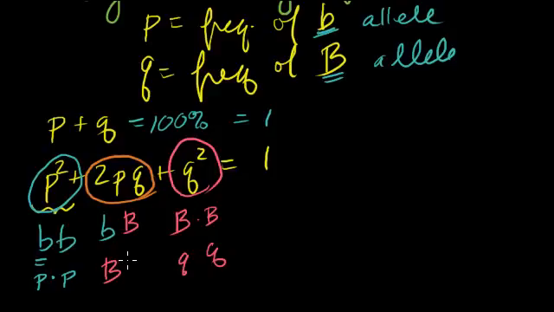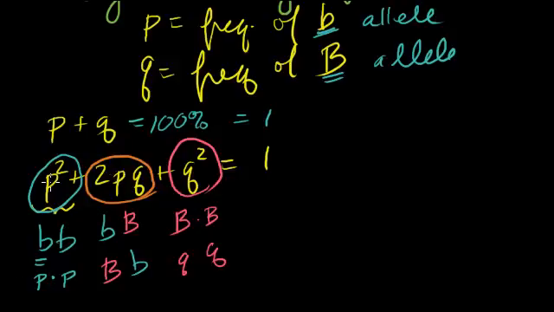I don't know anything about these parents, so if I'm making no assumptions, then I just have to assume that the probability that I get an allele from either one of them is equal to the frequency in the population. So there's two ways of getting these. The probability of this combination is P times Q. The probability of this is Q times P, which is the same thing. And you add them together, you get 2PQ. So this is essentially the frequency of the hybrids in the population.